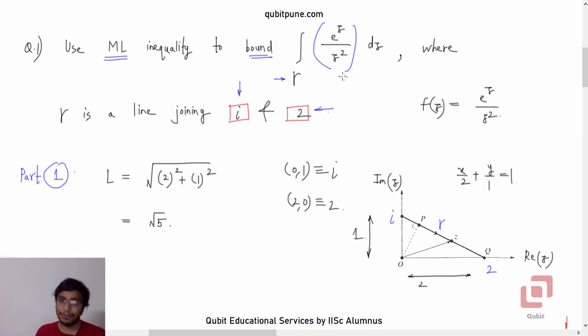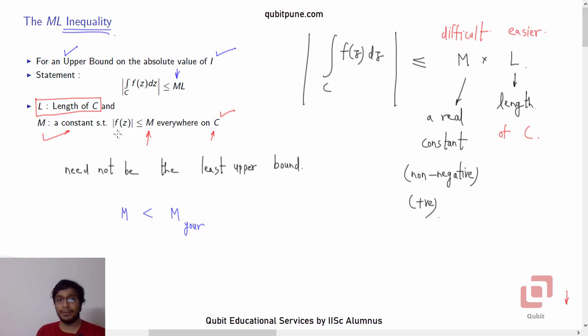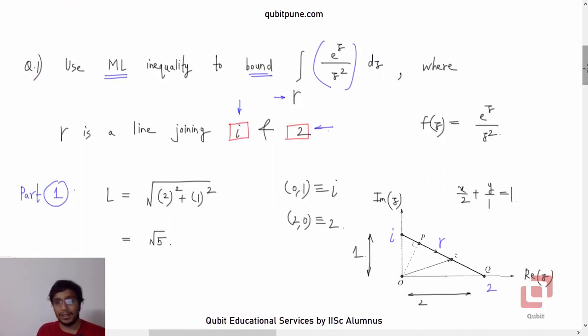Let us now go to the process of finding M, so that all absolute values of the function f of z on that straight line in the first quadrant will be less than or equal to the number M.